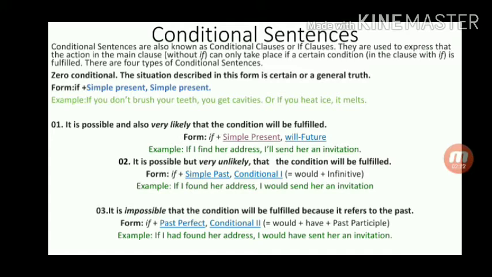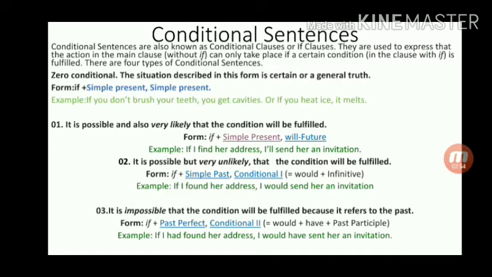They are used to express that the action in the main clause, which is without if, as I told you earlier, can only take place if a certain condition in the clause with if is fulfilled. If the condition in the if clause is fulfilled, then the result in the main clause is possible.